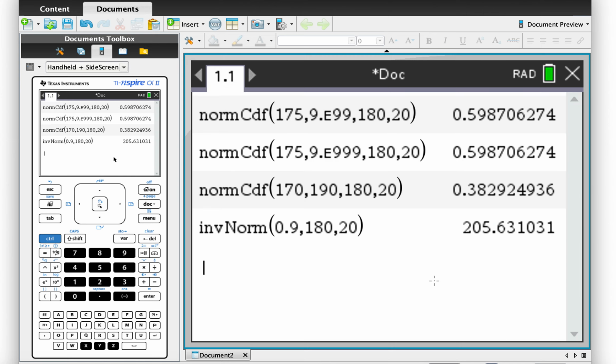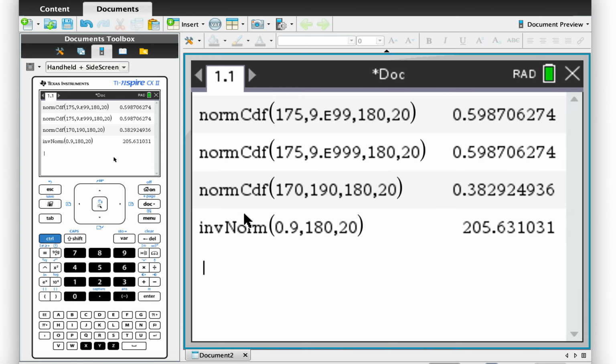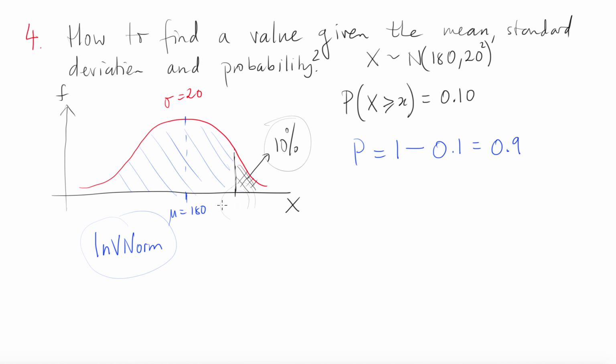And then the calculator has basically told me that this value here is 206. So 10% of the population has a value of x which is larger than 206. So to find that, I use the inverse normal function.